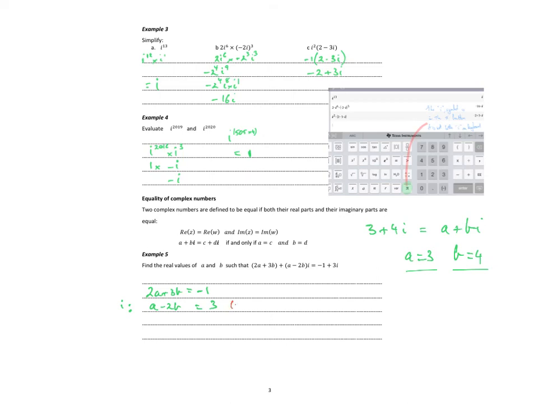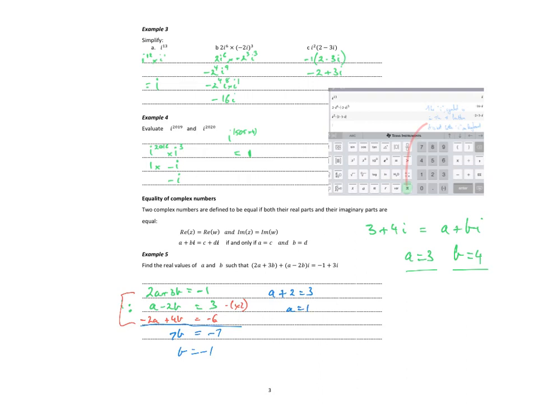Well, if we multiply by 2, or even negative 2, I can write negative 2a plus 4b equals negative 6. Add them together and we'll get 7b equals negative 7, so b equals negative 1. Sub it back in, I get a plus 2 equals 3, so a is equal to 1.